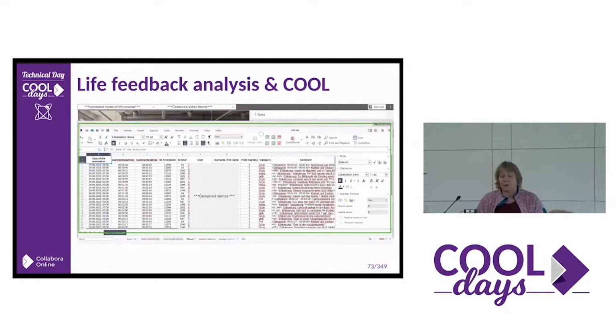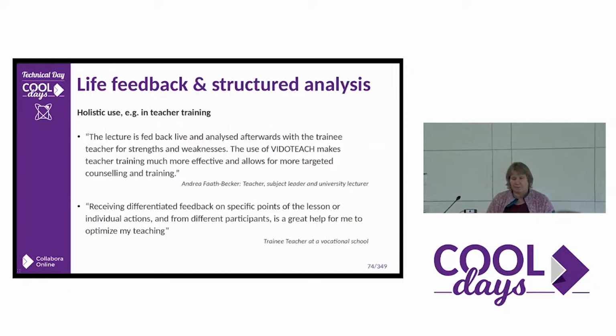We see export. It's a CSV export. You can open it with Collabora Online, change whatever you want to change, and upload it again, and therefore get your changes into the document.